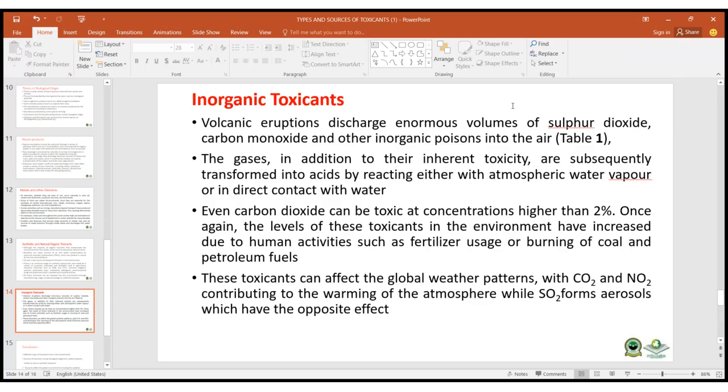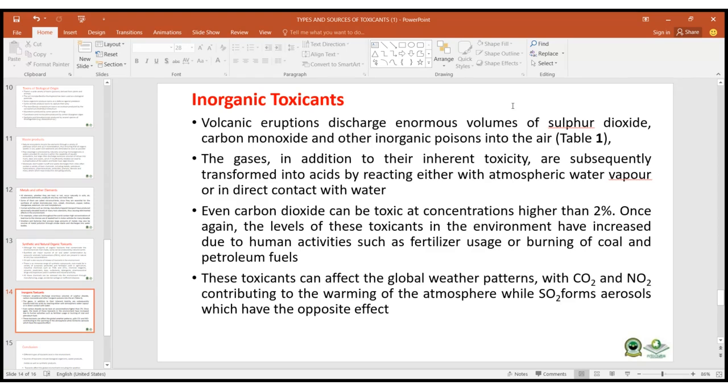And they keep increasing as fertilizer usage is increasing, as people are burning coal and using firewood to cook, and also using fuel, petroleum, hydrocarbons as sources of energy. The concentration of these gaseous substances, including CO2, carbon dioxide, will continuously be on the increase.